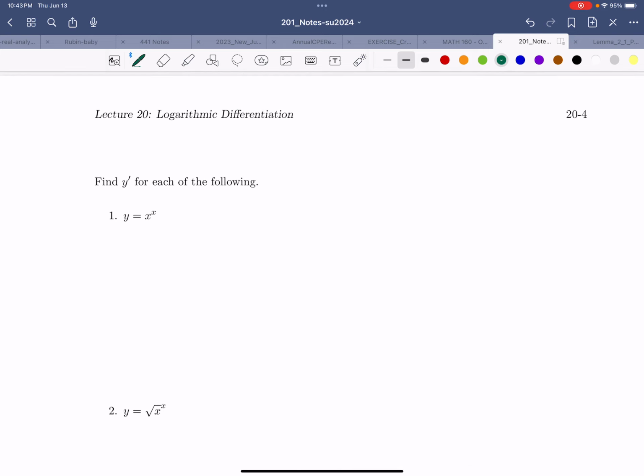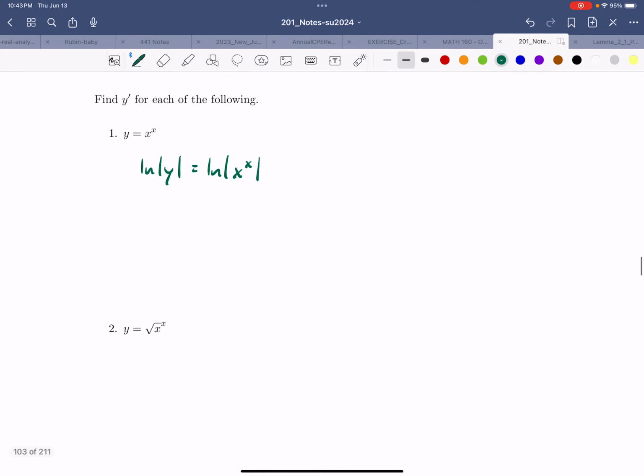Now, a couple quick practice problems. Let's find y prime for each of the following. Remember, y prime is the same as dy over dx. So we have ln of the absolute value of y equals ln of the absolute value of x to the x. Remember, you don't need the absolute values. And then this is the same as x ln of x.